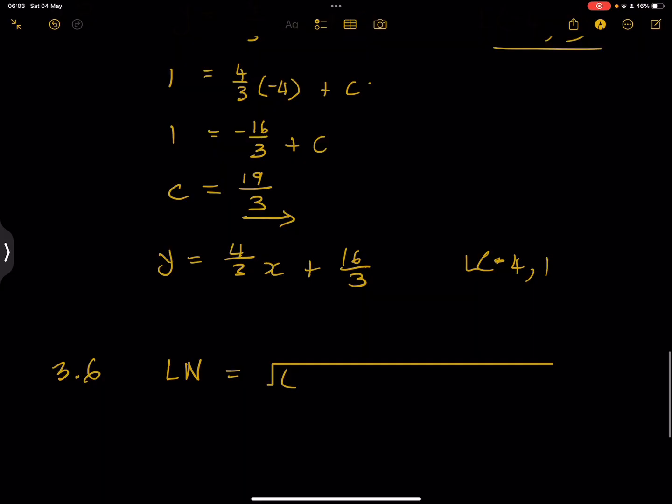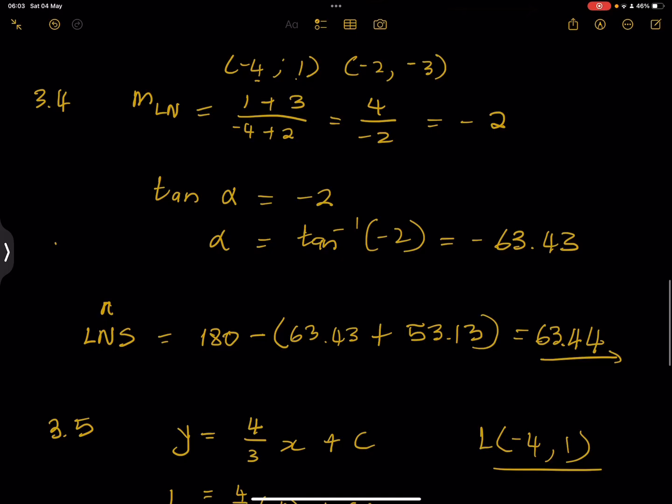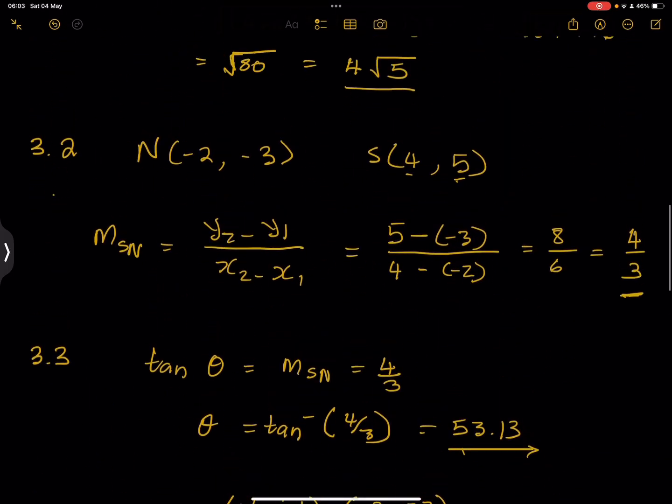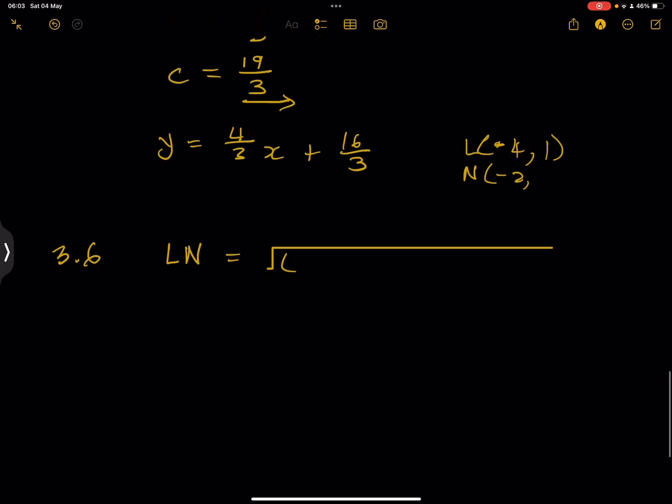I want to make sure that I'm absolutely spot on. And N is -2 and -3, right? That's what we said. Yep. So that's -2 and -3. Right, so I'm going to find the distance LN.